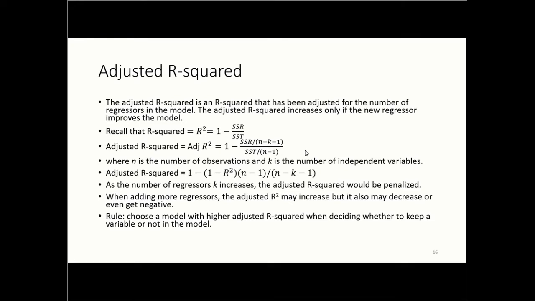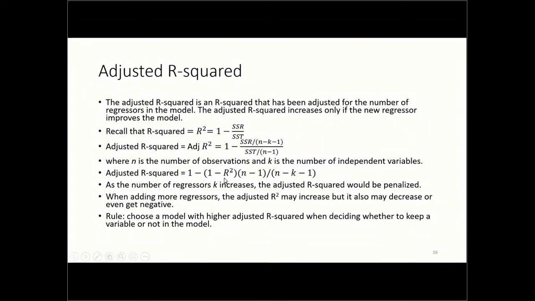And what we are doing here is basically, if we continue to add too many independent variables, this is the penalty that we're going to have for the adjusted R squared. That would be pulling down or lowering the adjusted R squared if we include more independent variables. So the adjusted R squared can also be explained with the R squared.